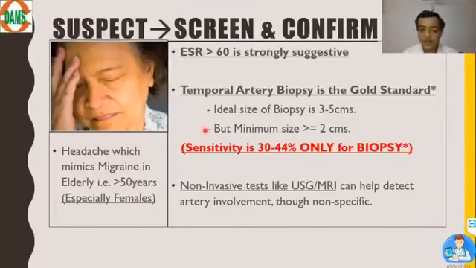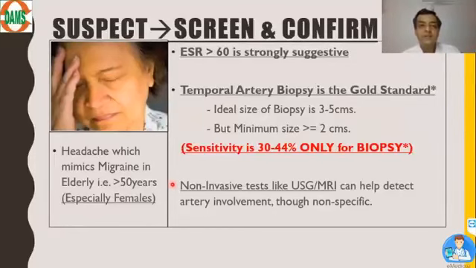Every time the patient has symptoms and ESR is high, you must do the biopsy. But it is not necessary that every time the biopsy will confirm the disease. So we can also look at other non-invasive tests to detect artery involvement, though they are non-specific.